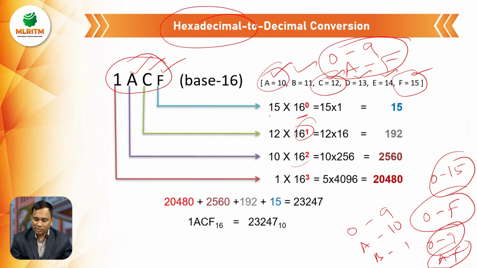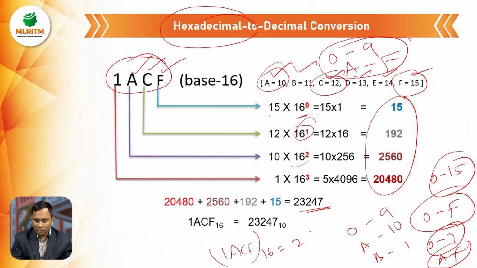So 1 into 16 power 3. By doing the mathematical calculations, finally I got the value 23247. My input is 1ACF in hexadecimal, but the output is 23247 in decimal. Like that, my input is converted into another format.